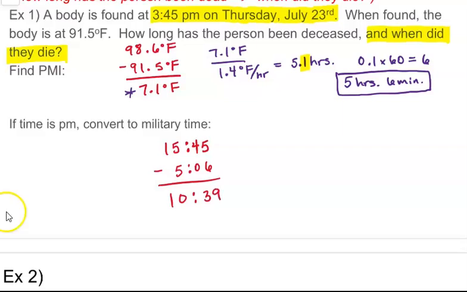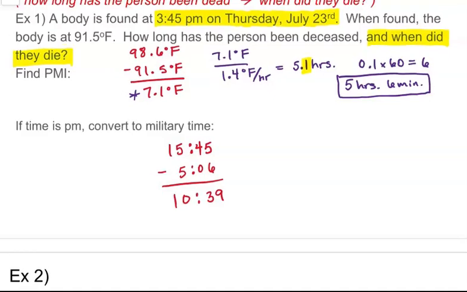So I'm just subtracting my minutes. 45 minus 6 is 39. 15 minus 5 is 10. Now, since we're in military time, I don't have to worry about military time anymore because I'm before noon, right? So I'm just going to say this was AM, 10:39 AM, and that is on July 23rd. And there's my final answer.